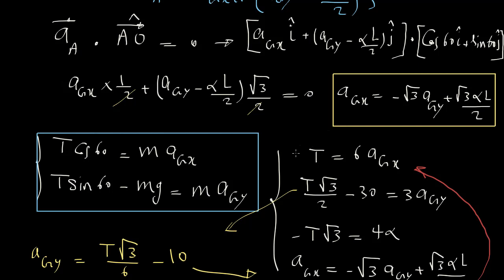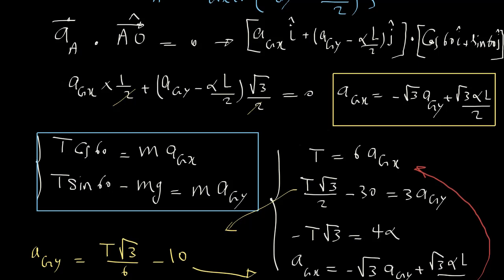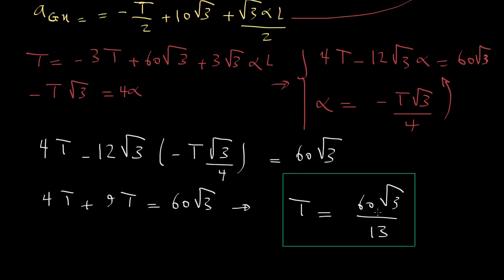That gave us the fourth equation to solve this problem. Here we were looking for t, but basically we can solve all 4 equations to get all the unknowns.